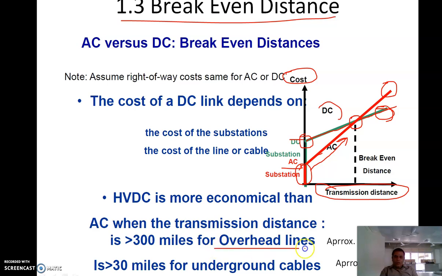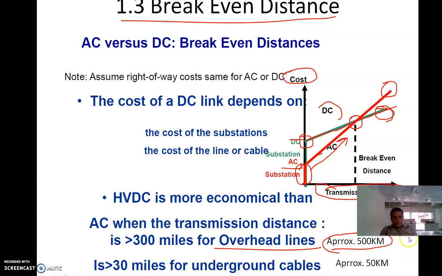Earlier, if you read the old books, this distance was given as 800 kilometers. But if you see the new books, if you compare today's technology, then if you want to transmit power above 500 kilometers, and the power transmission is good enough, then the HVDC line is more economical as compared to the AC line.